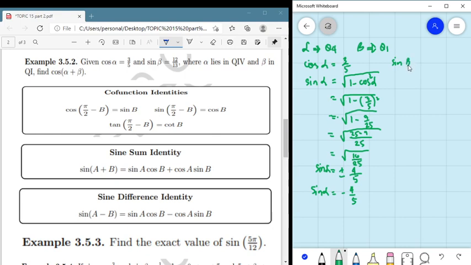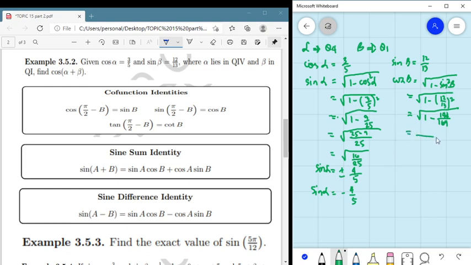Sine beta is equal to 12 over 13. To find cosine beta, it should be the square root of 1 minus sine squared beta. Replacing sine beta with 12 over 13, it should be 1 minus 12 over 13 squared. Simplifying, this equals 1 minus 144, the square of 12, over 169.